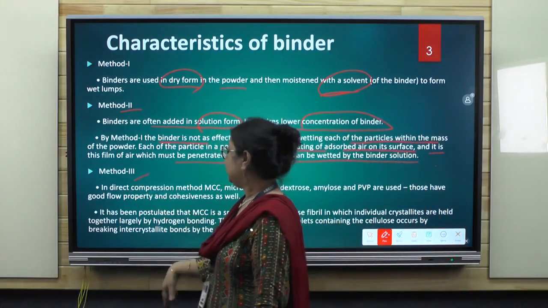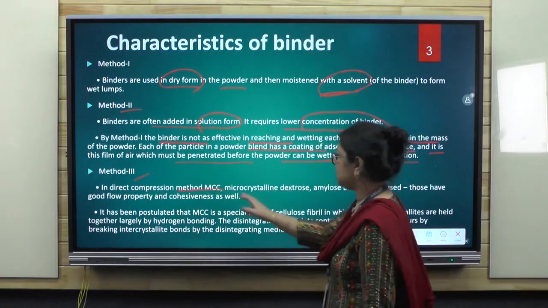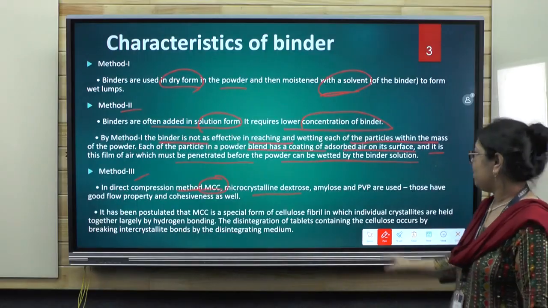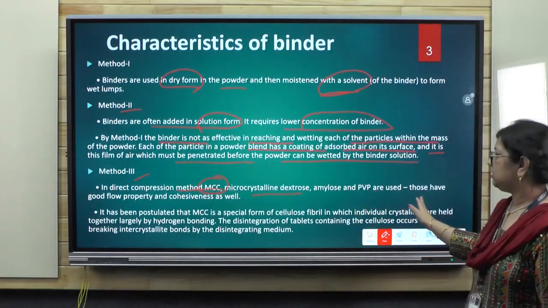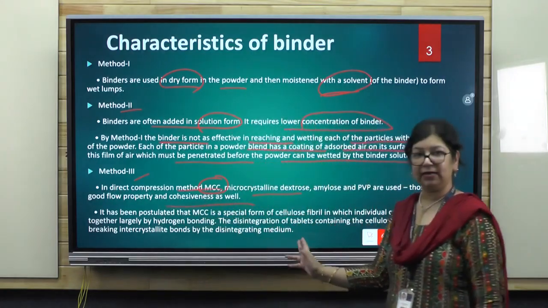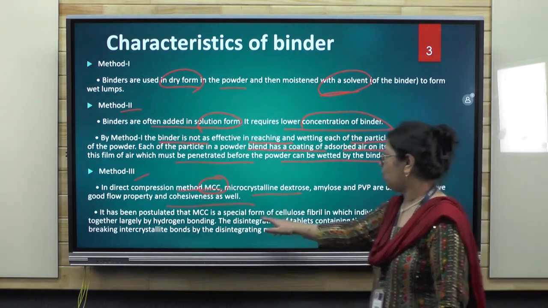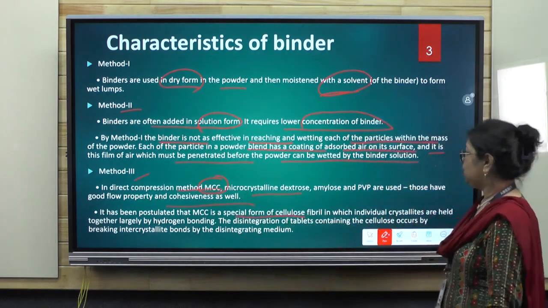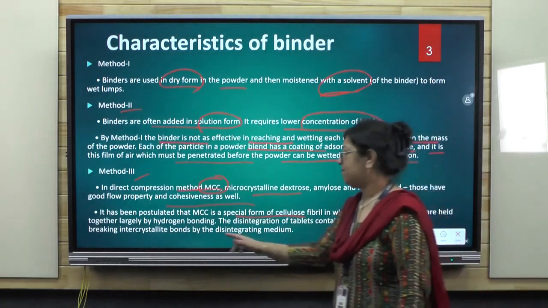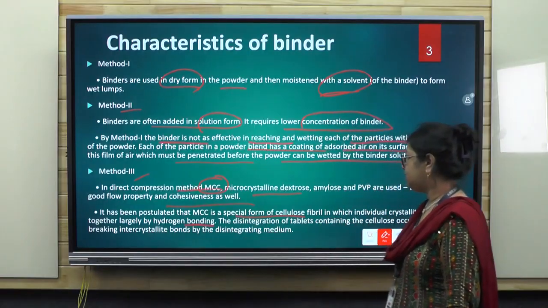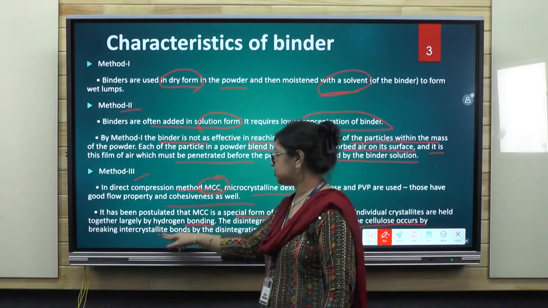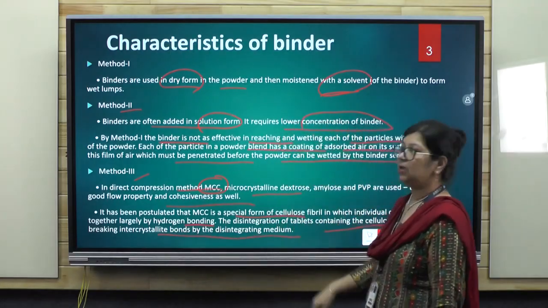And method 3, in the direct compression method, MCC, microcrystalline cellulose or microcrystalline dextrose, amylose and PVP are used, and these have good flow property and cohesiveness as well. It has been postulated that MCC is a special form of cellulose fibril in which individual crystallites are held together largely by hydrogen bonding, and the disintegration of tablets containing cellulose occurs by breaking intercrystalline bonds by the disintegrating medium.